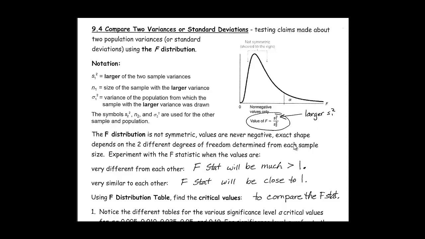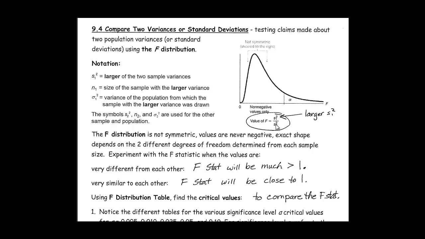One thing I want you to think about is if the two variances are very, very different from each other. In other words, if the larger one is much larger than the smaller one, say we might have a case where the larger variance is 5 point something and the smaller one is 1.5 something.